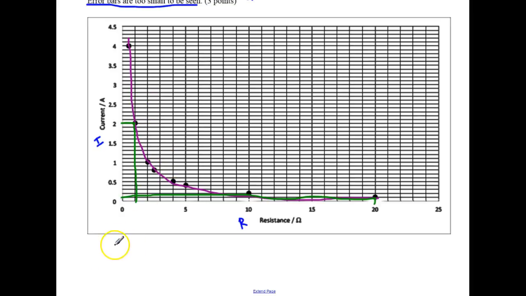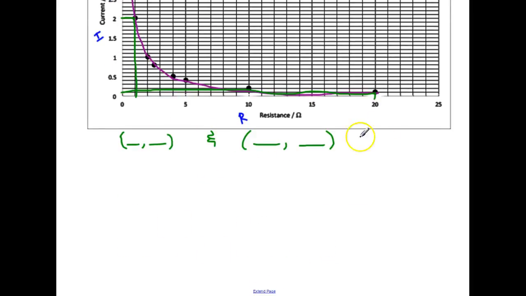Find the coordinates, write down the coordinates. You could just write blank blank and blank blank. But here's the thing, you do want to show IB that you know what you're doing. You want to demonstrate your understanding of the process. So you might say something like I1 times R1 equals, show them exactly what it is you're doing, and then you take the first I value and the R value, and then you do I2 times R2.